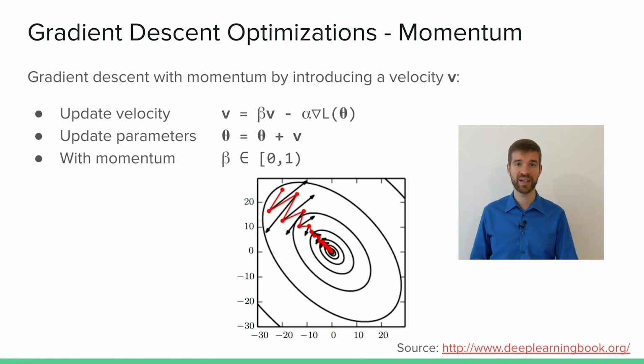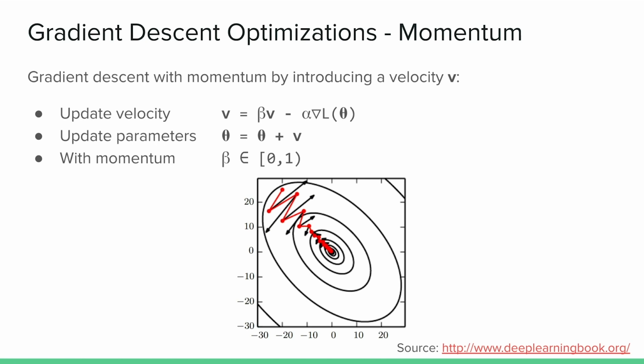If we realize that the first step goes in one direction and the next step goes in exactly the opposite direction, we should probably slow down and make smaller steps to figure out what's going on, and not jump from one part of the canyon to the other. So what we compute here is a certain velocity, and we add that velocity to our update operation. That can help us to solve this issue when we are talking about these canyon-like loss functions.